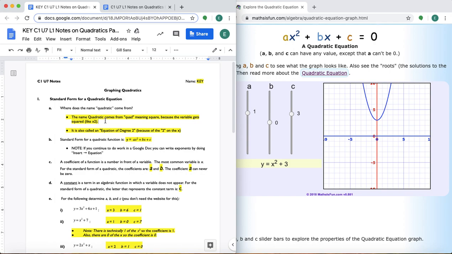But anyways, let's go back in reverse. The name quadratic, where does that come from? Well, the word quad, oftentimes you think of four, right? A quad motor vehicle or toy that's got four wheels.